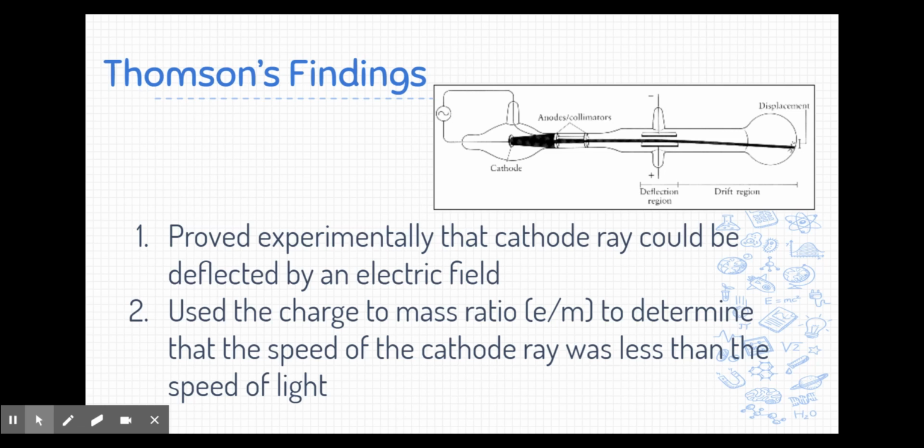So rather than weighing an atom directly, they used a ratio of charge to mass. And through a series of calculations, he used this ratio to figure out the velocity, or the speed, of the cathode ray. What he found was that it was less than the speed of light. So once again, this showed that the cathode ray had to be something different. It was not light.